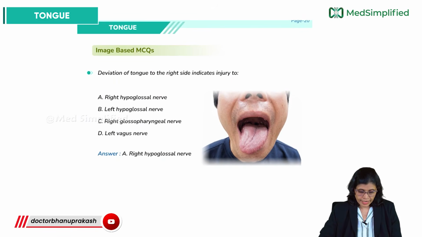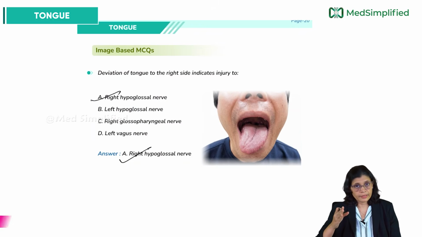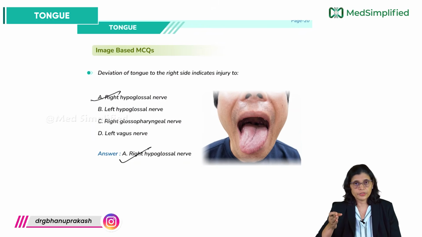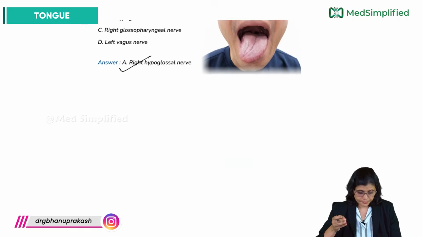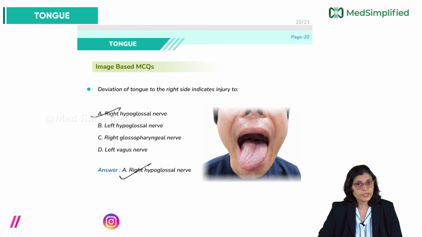Deviation of the tongue to the right side indicates injury to the right hypoglossal nerve. Because in hypoglossal nerve injury, it is deviated to the same side of the lesion. So, that is all about the anatomy of the tongue.